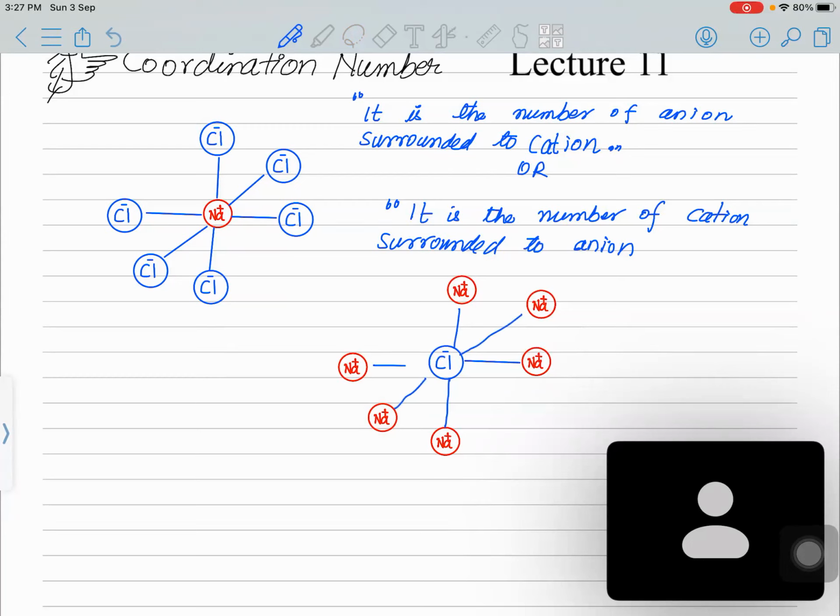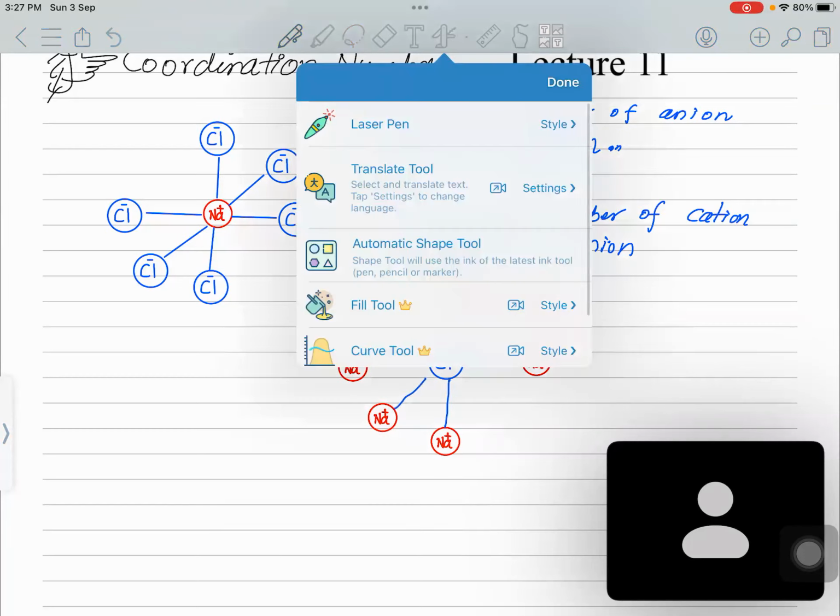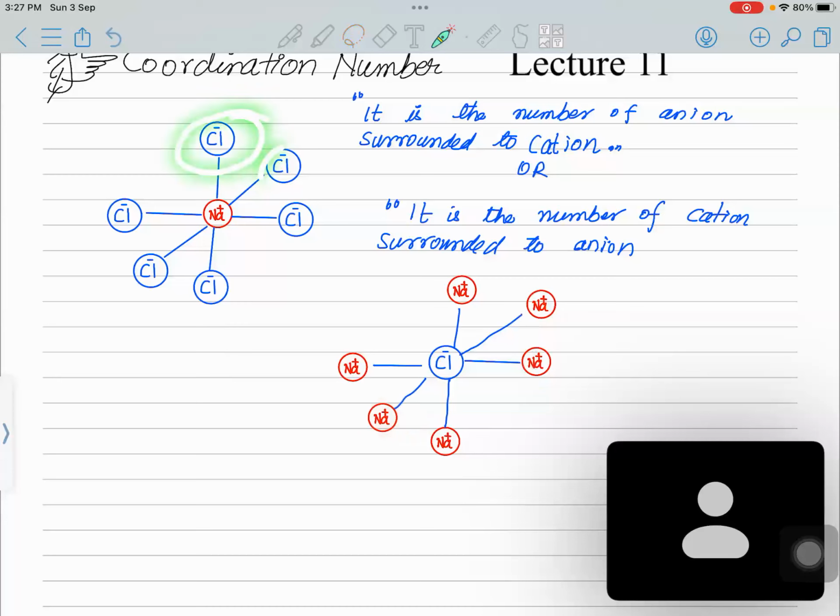This is coordination number. So coordination number is the number of cations. You can see that here we have 1, 2, 3, 4, 5, 6. So coordination number of chlorine in NaCl is 6. Similarly, coordination number of sodium in NaCl is 6.